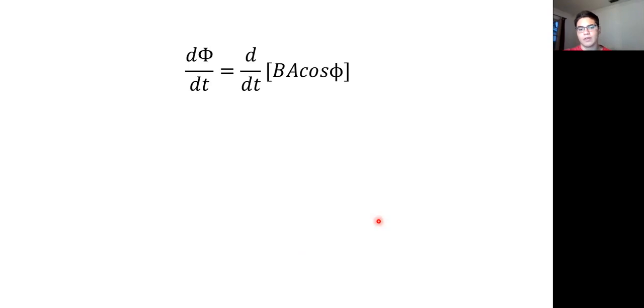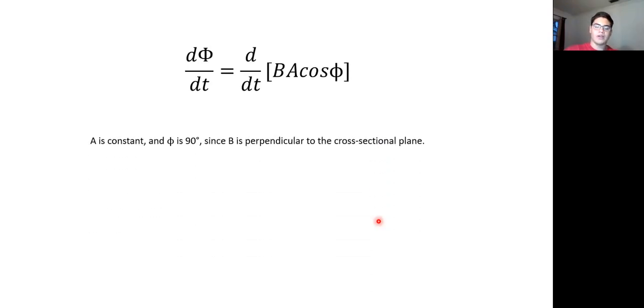Since the area is not changing, A is going to be constant. And since the magnetic field is perpendicular, the angle between them is 90 degrees.